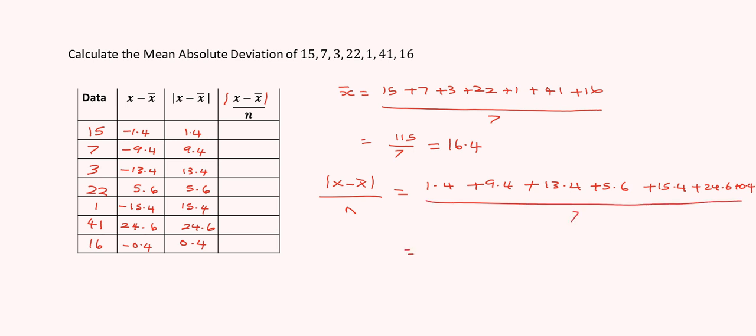So this is going to give us 70.2 divided by 7, which is about 10.03. So for this distribution, this is the average distance between the numbers and the mean of the distribution.